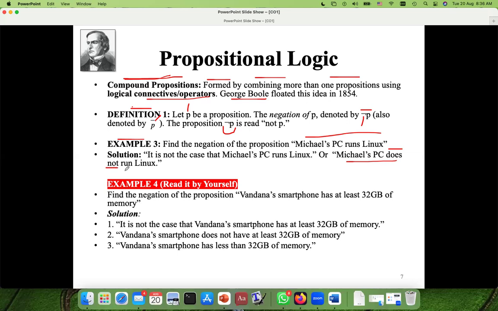You only have to introduce negative meaning in that proposition. The rest of the sentence is the same.